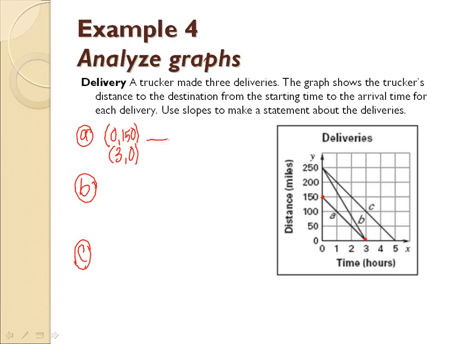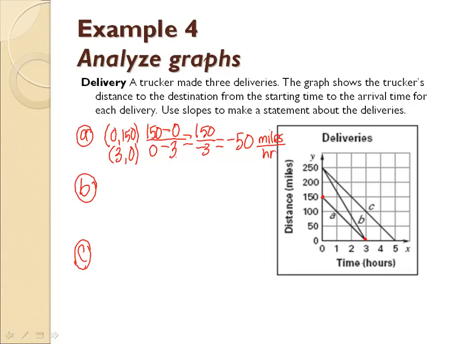So if I use my slope formula, fraction bar, minus signs, I'm going to plug (0, 150) in, and then (3, 0) in. 150 minus 0 is 150. 0 minus 3 is negative 3. 150 divided by negative 3 is negative 50. And if we look at our units here, we've got miles and hours, so our unit is miles per hour. So negative 50 miles per hour.